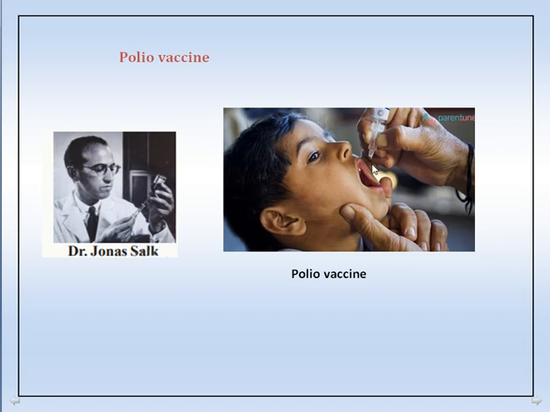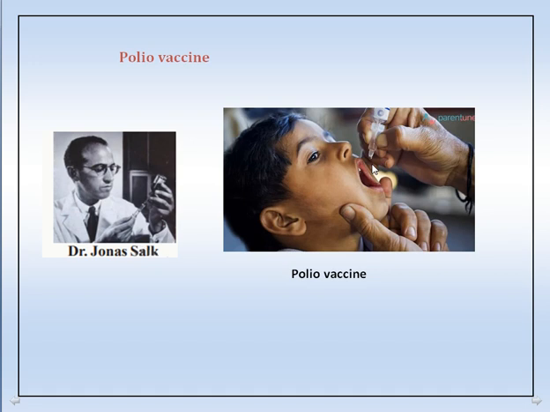There are many other vaccines available to prevent diseases like smallpox, chickenpox, hepatitis, tuberculosis, mumps, measles, whooping cough. Vaccination protects us from getting the disease over a long period of time, often throughout our life.